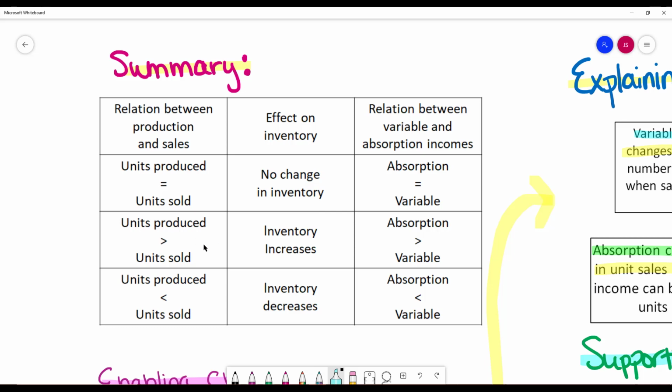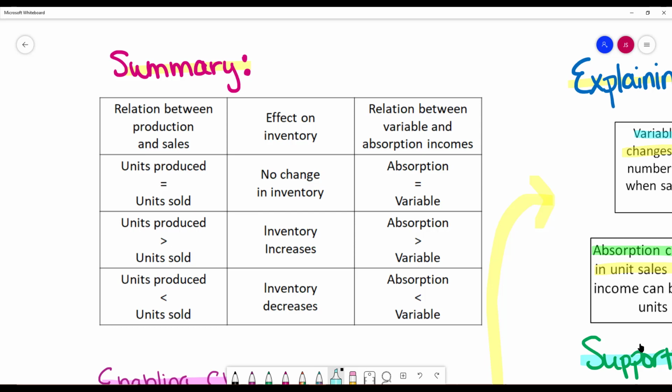So when you have units left over, that causes you to have fixed manufacturing overhead cost deferred in inventory under absorption costing. In that case, there's less cost flowing through to the income statement under absorption costing than under variable. The less cost you have flowing through, the larger your net income.